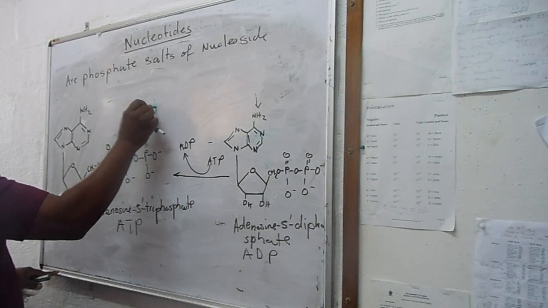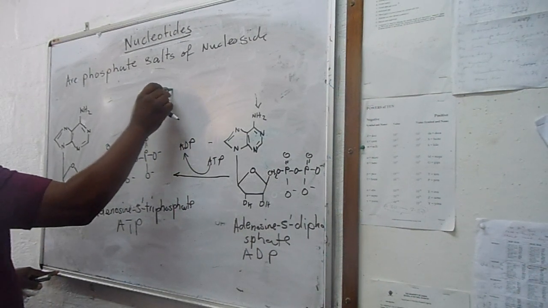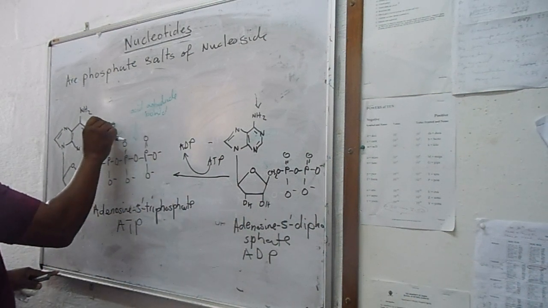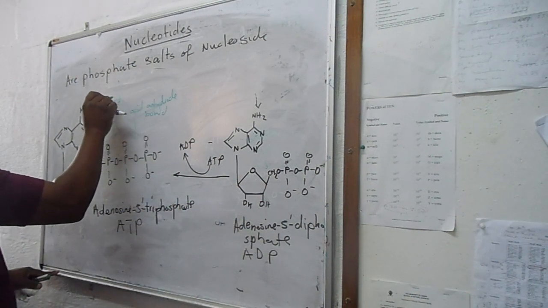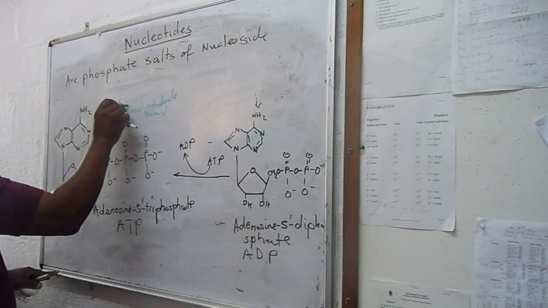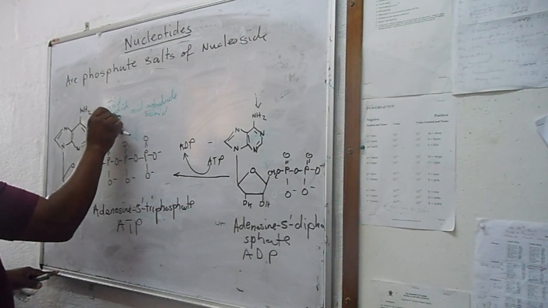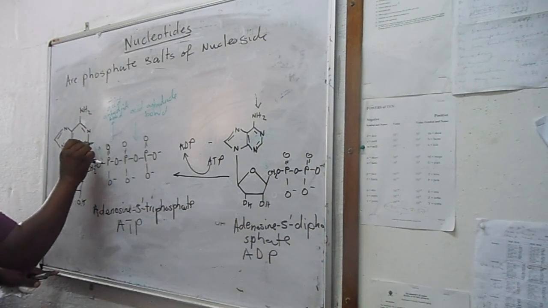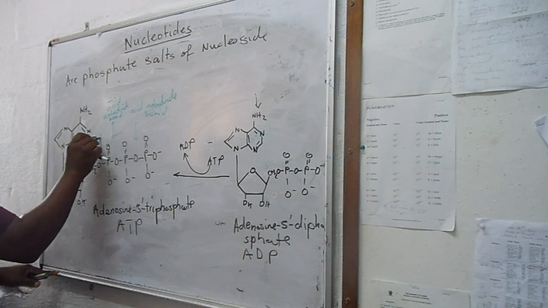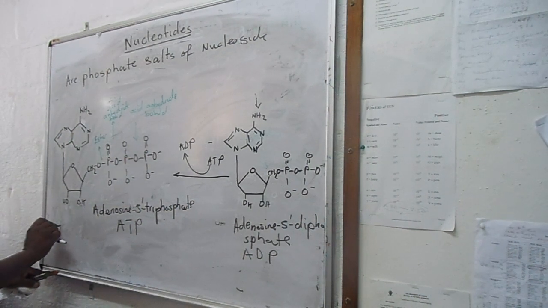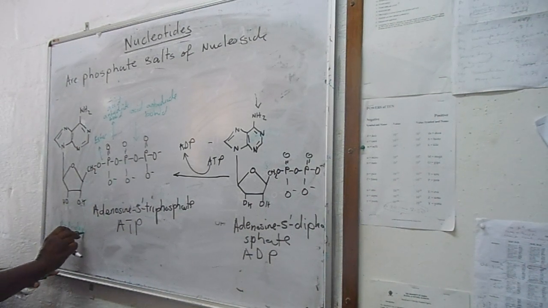The bond that you see here, we call an acid anhydride bond. But we see another one here. It's also an acid anhydride bond. But we also see this bond which I mentioned earlier. It is an ester bond. Then we also have this, the beta N glycosidic bond.